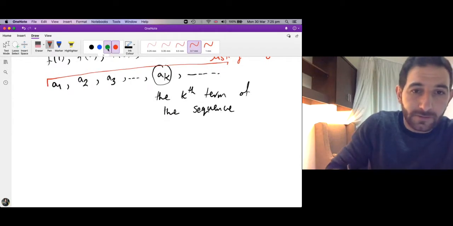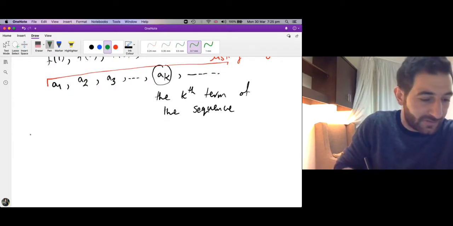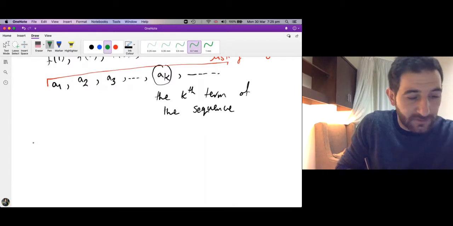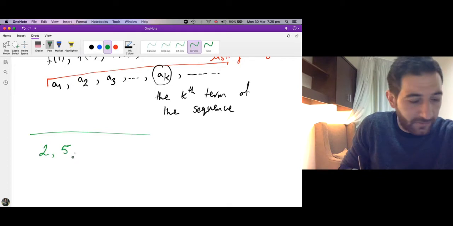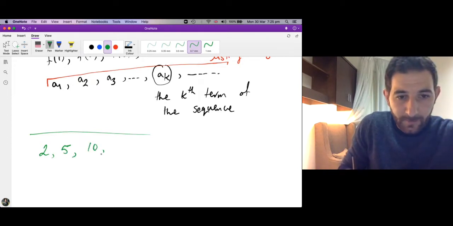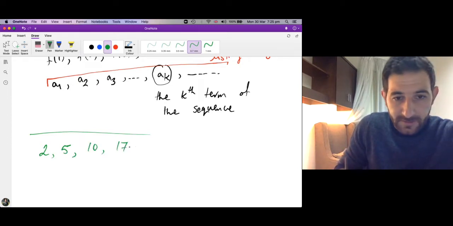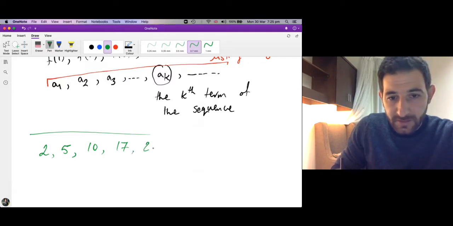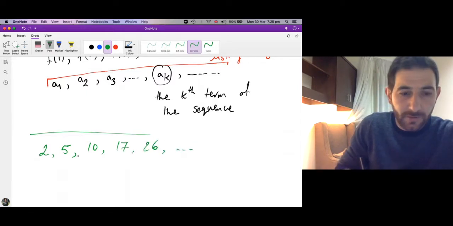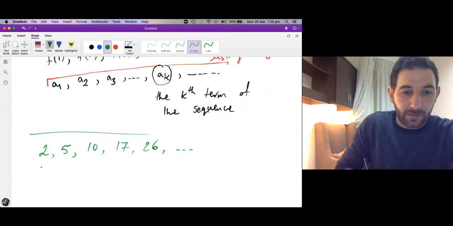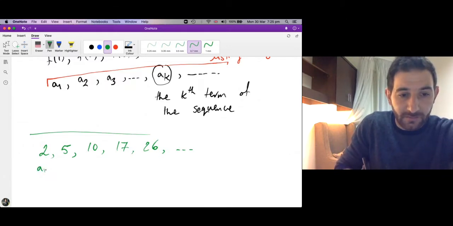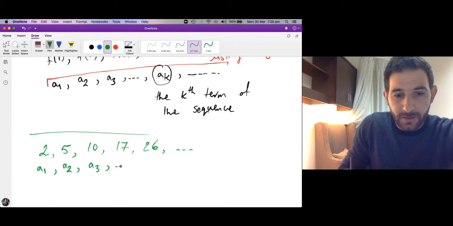Let's look at an example of a sequence. Consider the infinite sequence given by 2, then 5, then 10, then 17, and then 26, and so on. Usually, let's use the small letter a to denote the nth term. So 2 is the first term, a1, 5 is the second, a2, a3, and so on.